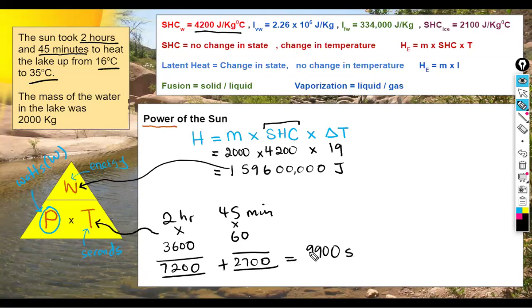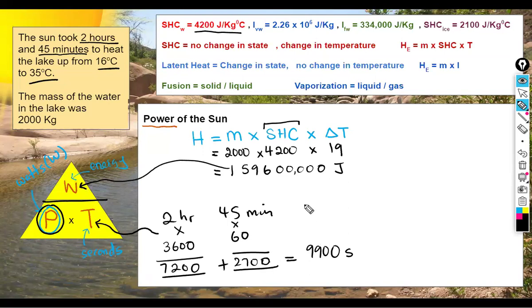So the underneath value, we have it now. We take this huge number and divide it by 9,900, and that will give us the power, because power is work divided by time, and work and energy are the same thing. So let's divide that: 1596 with 5 zeros divided by 9,900.